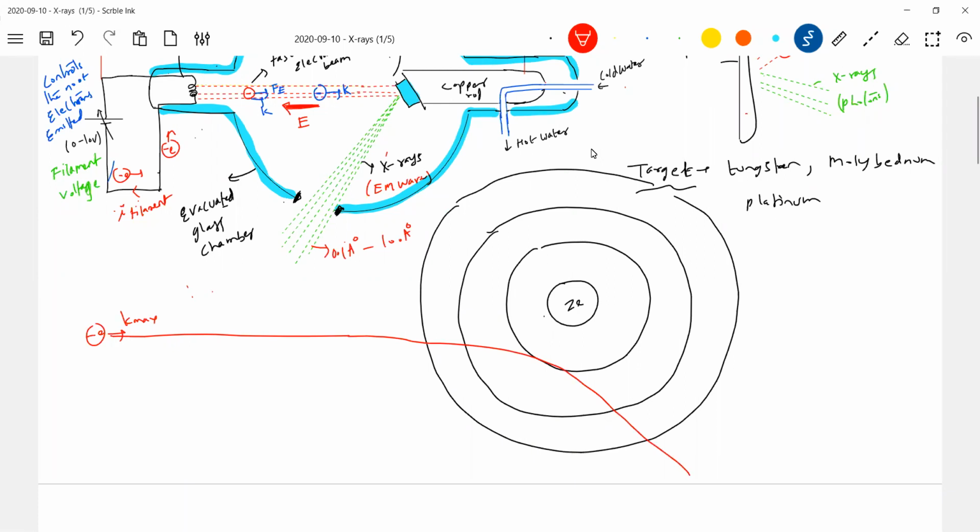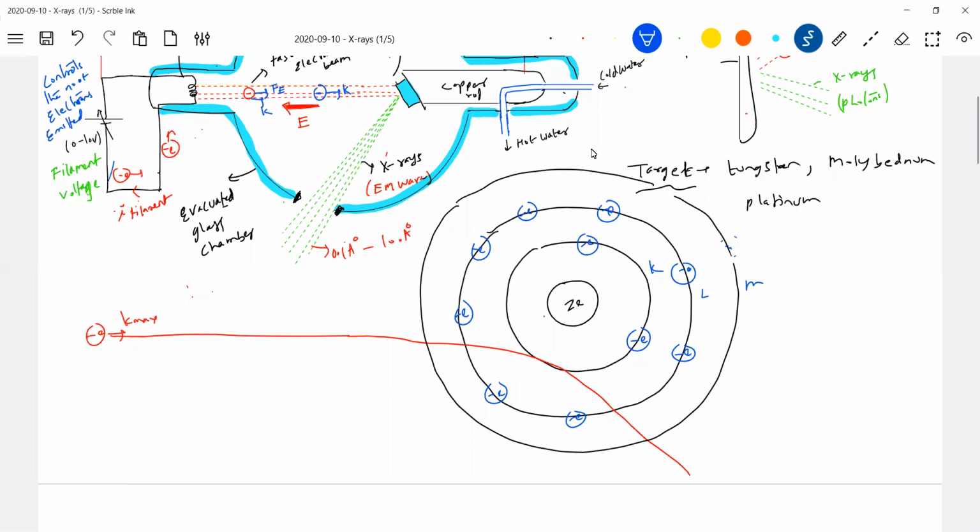Now these are the orbits, so we will show the electrons like this. This will be the K shell, L, M. Let me leave it like this: K, L, M, N, O. You can show the shells here.